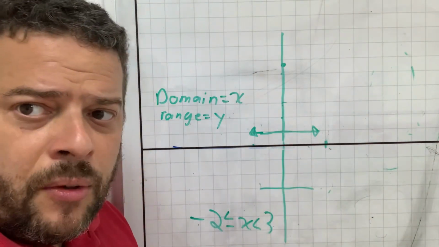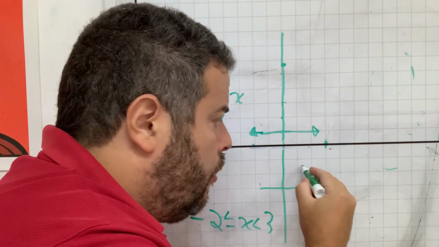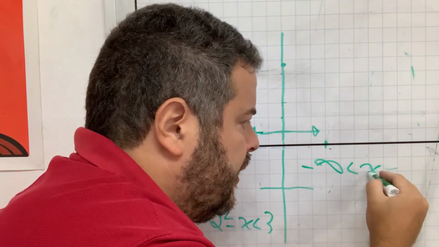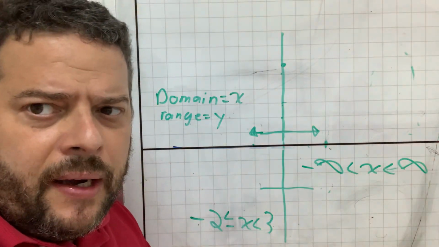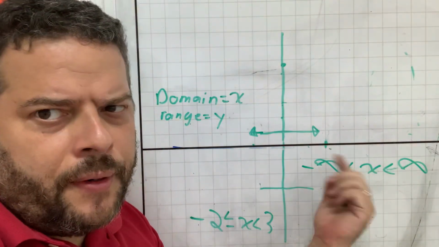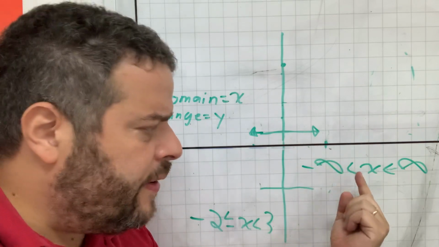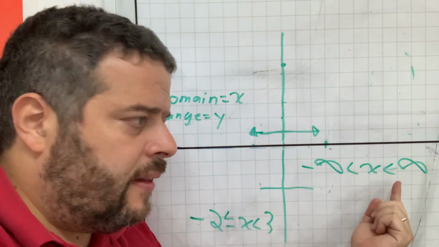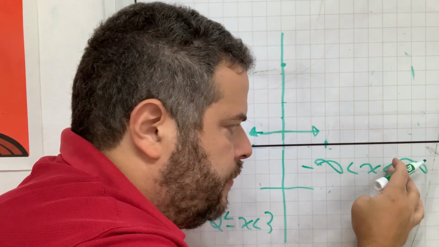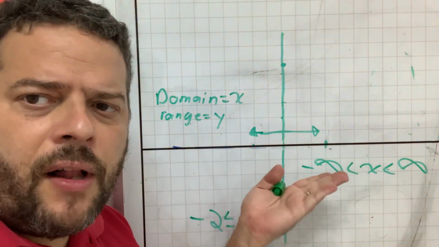So in this case, the domain would be all real numbers, or negative infinity less than x less than infinity. The proper way we read this is, I'm sorry, I just go left to right, but the proper way is x is greater than negative infinity and less than positive infinity, just in case. So that would be the case of all real numbers.